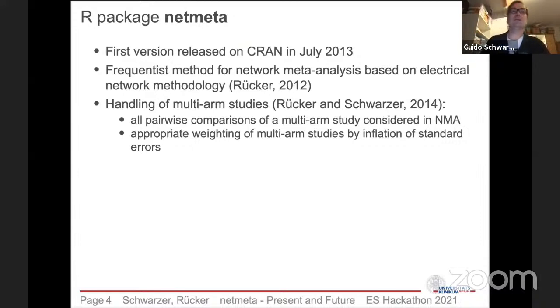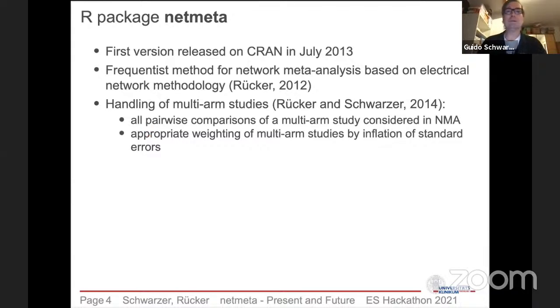evaluate such data. We published it on CRAN about 7.5 years ago. It's based on this paper by Rücker, which is a frequentist method for network meta-analysis. And in a separate paper, we describe how we handle multi-arm studies, which is different to other approaches for network meta-analysis. Here, all pairwise comparisons for a multi-arm study are considered.